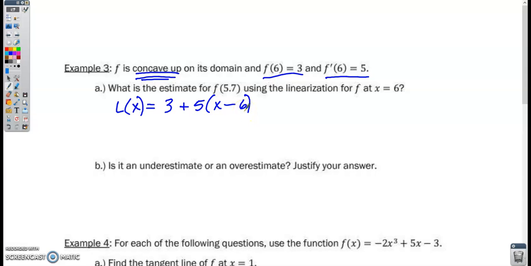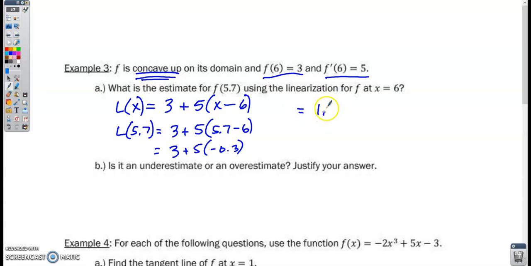The best estimate for 5.7 using this model, we're going to use L of 5.7. It's going to be 3 plus 5 times 5.7 minus 6, which is 3 plus 5 times negative 0.3. And so we end up with 1.5 as our approximation. Is it an underestimate or an overestimate? Well, since the curve is concave up, the linearization leads to an underestimate.